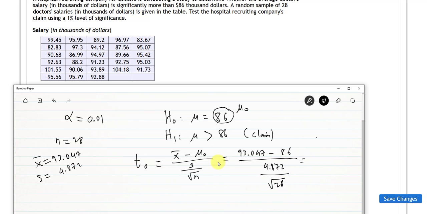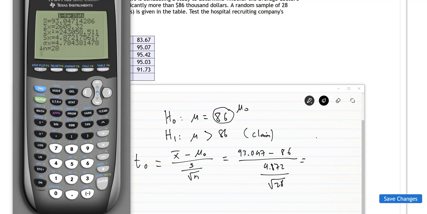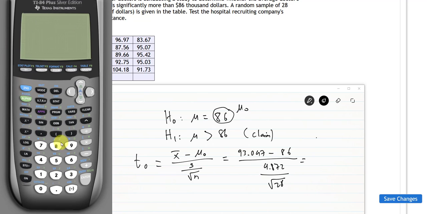So let me do this calculation quickly here. Take s, divide by the square root of 28, and then I take the numerator, subtract 86, and divide 7.047 by the number we got earlier.